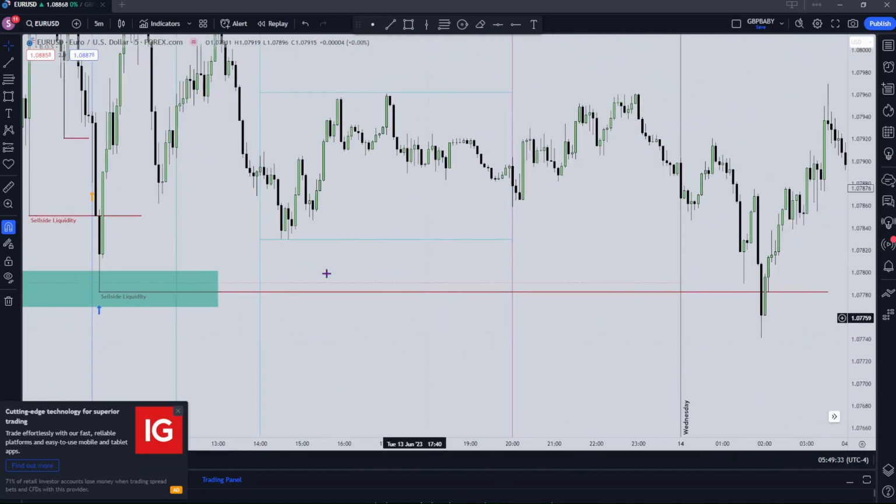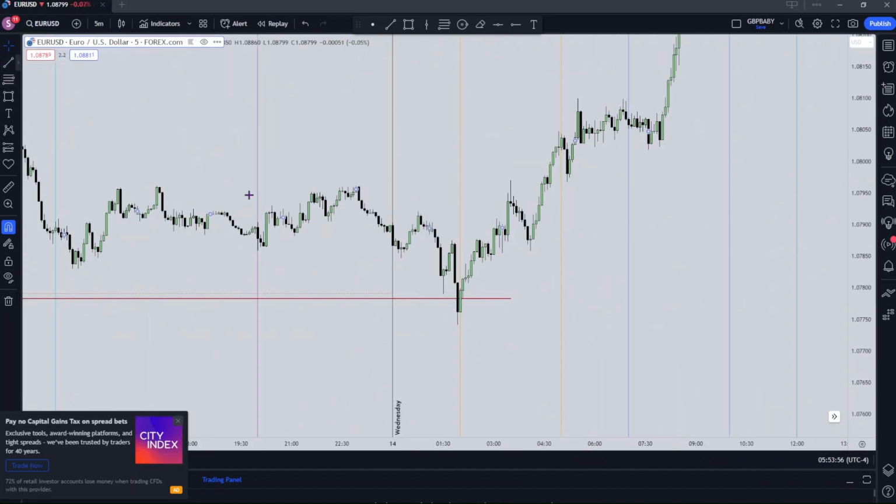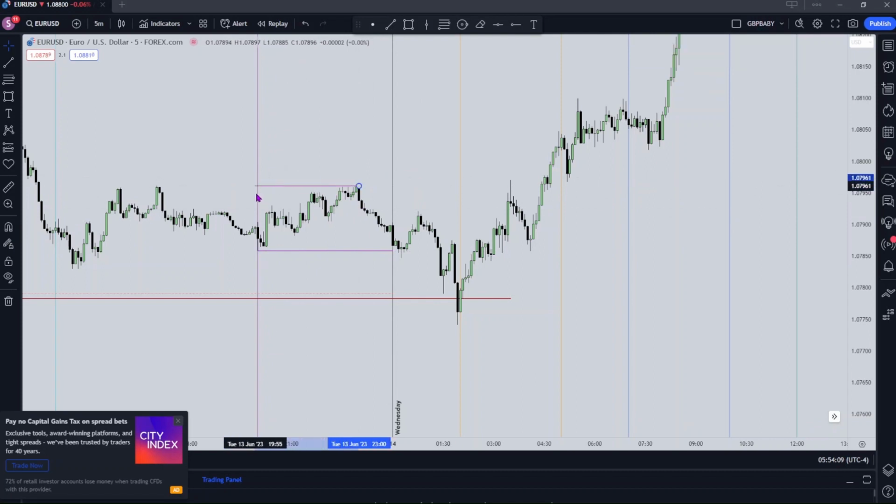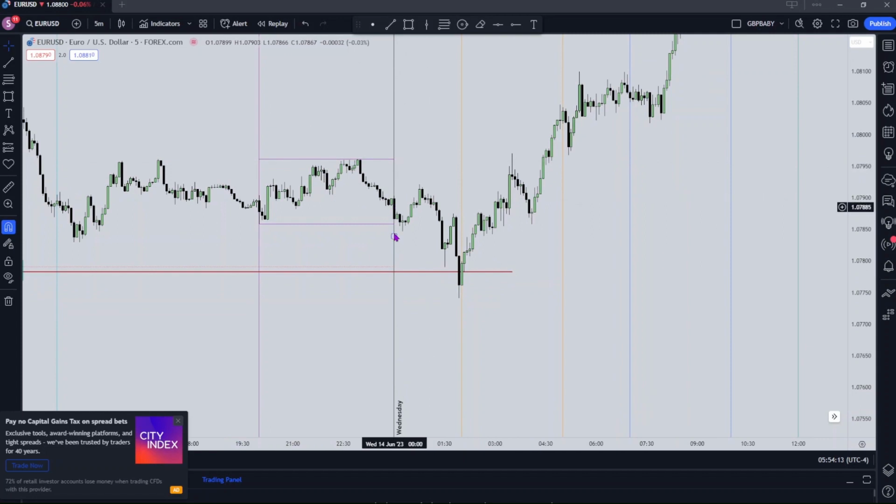And then what I'm going to do is I'm going to split this range in. Let's just get straight into it. So we got the low of Asia there, and then we want to get the high of Asia, which is here. And you can see how we take out the south side of Asia.